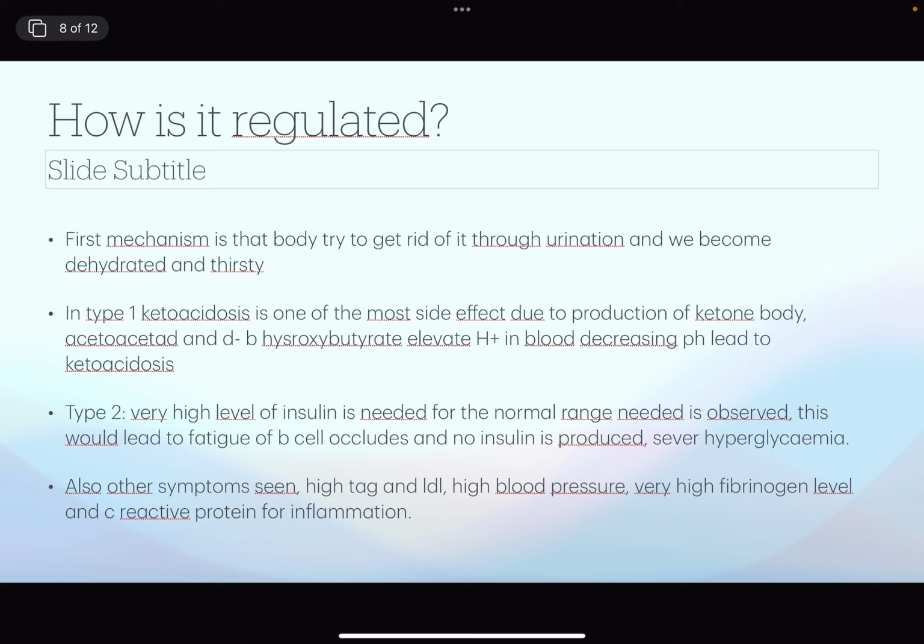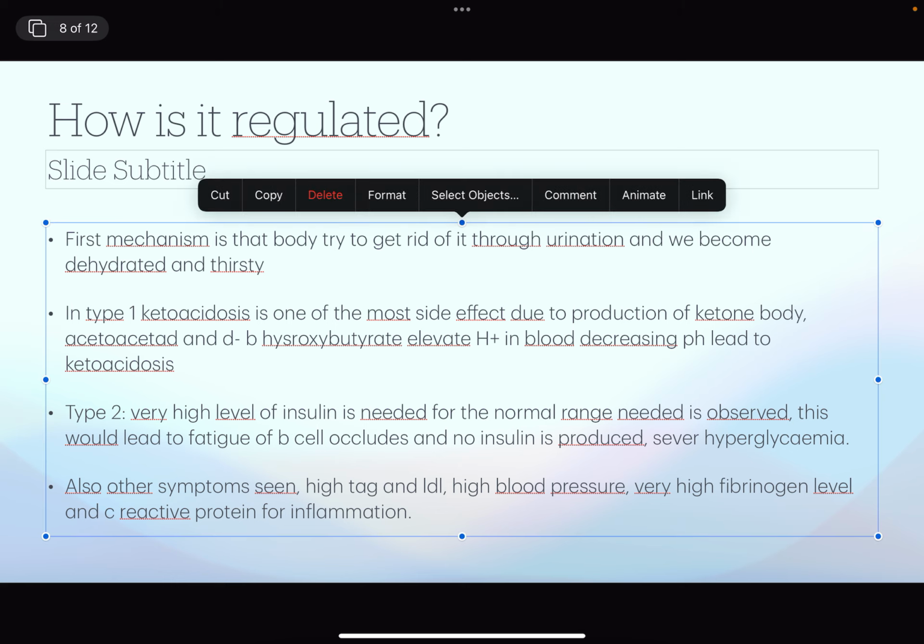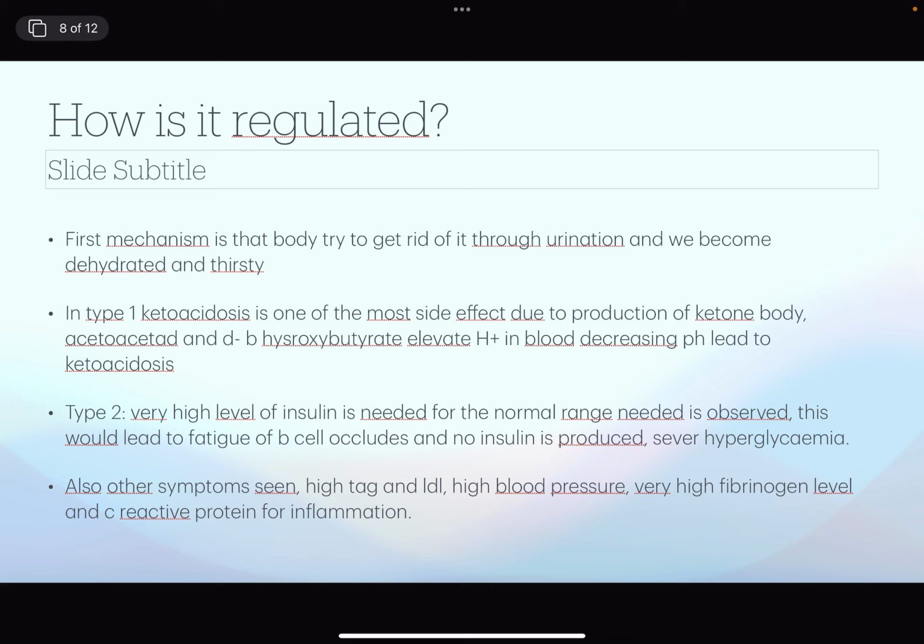The second sign for each type of diabetes: in type 1 we observe high levels of ketone bodies in the blood, so acetoacetate and beta-hydroxybutyrate. I hate the autocorrect that is not correcting the things that I write, but let's just pretend that we're not seeing the errors.